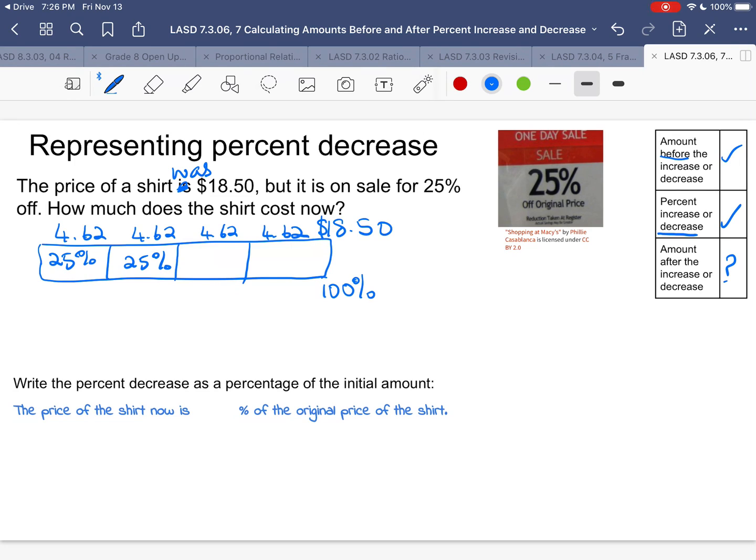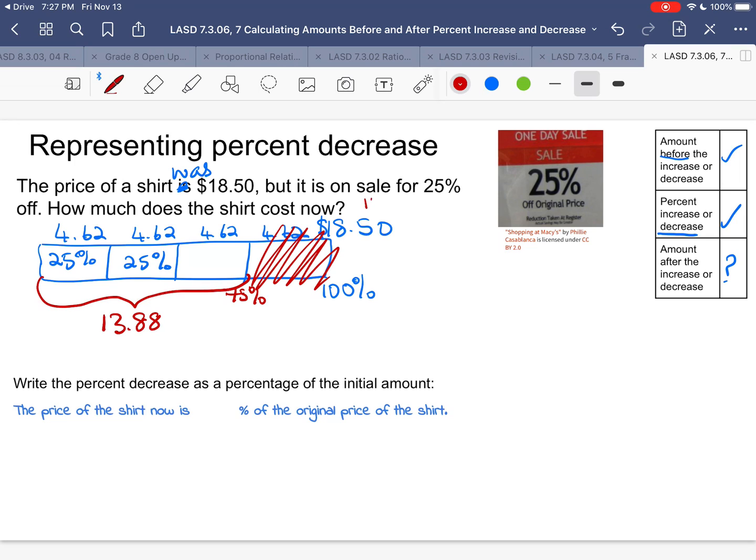And it's on sale for 25% off, so we're going to remove one of these. So now we have 75% here, because we've taken away one of the 25s, and we have 3 times 4.62, or we could subtract 4.62 from 18.5, and we get a total amount on sale of $13.88.